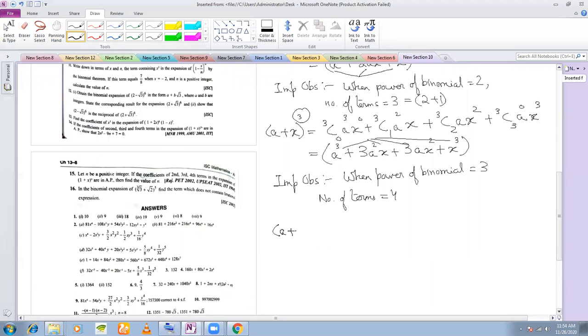Next, let us see how to expand (a plus x) to the power of, say, 6. How to expand this?